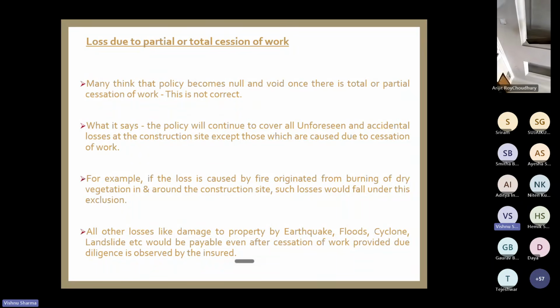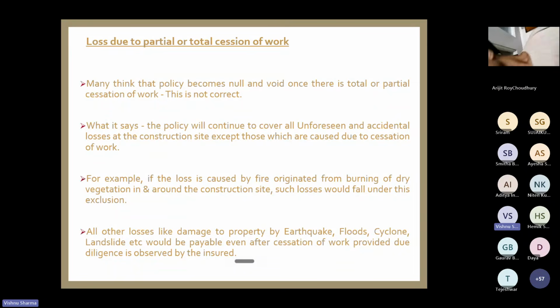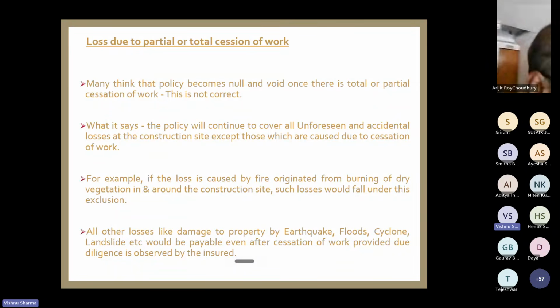So that is another precaution, keeping the material at an elevated platform. Third thing is ensuring that your storm water drains are properly cleaned. They are not choked. This is very important. If he has taken all these precautions, then of course these losses are paid. But many times clients are found to be ignorant, and that is why these claims are also rejected.